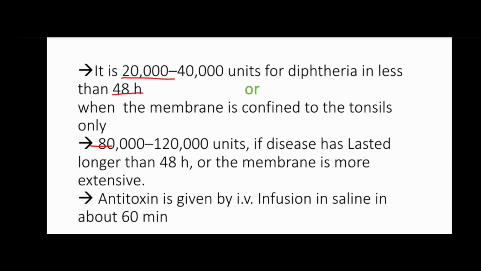And 80,000 to 1,20,000 units if the disease has lasted longer than 48 hours, or the membrane is more extensive. Antitoxin is given by IV infusion in saline over about 60 minutes.